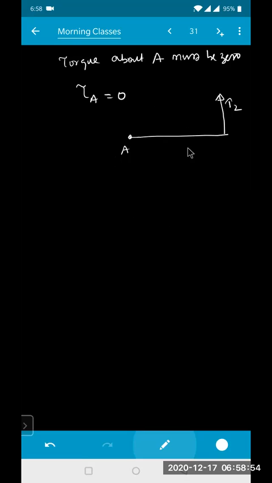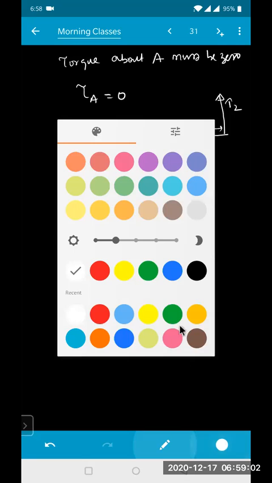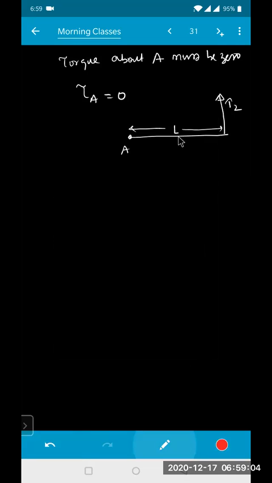Anti-clockwise, so this distance is equal to L. And there is one more force acting here, mg in the downward direction, and this distance is L by 2. So mg into L by 2 is moving clockwise.